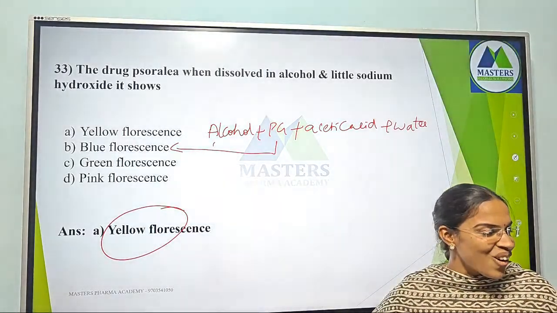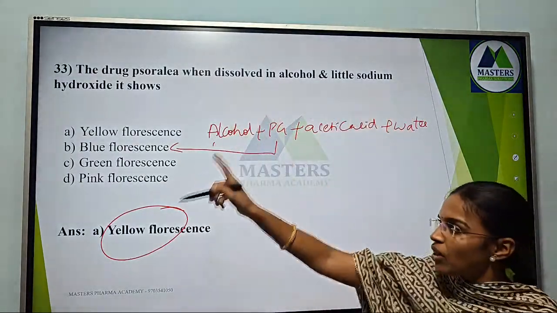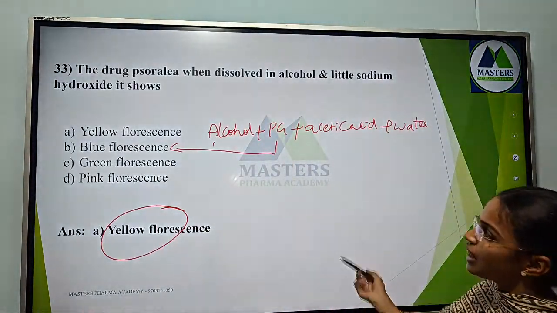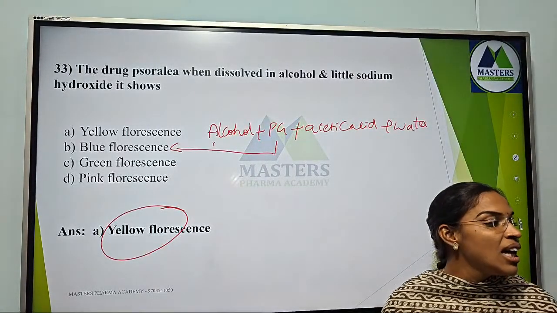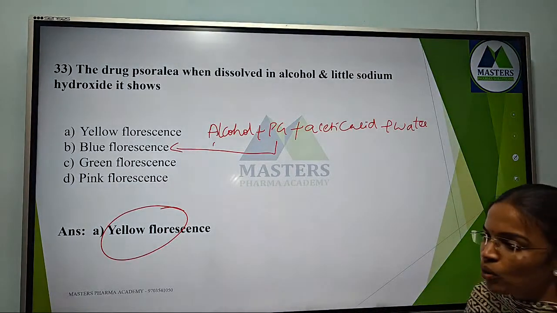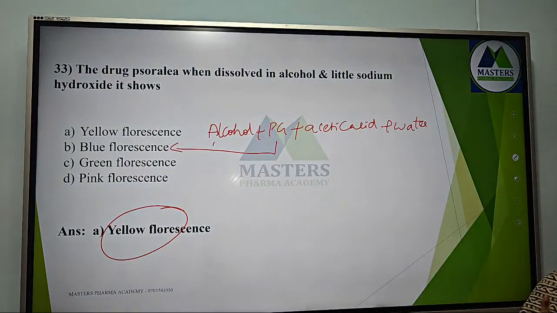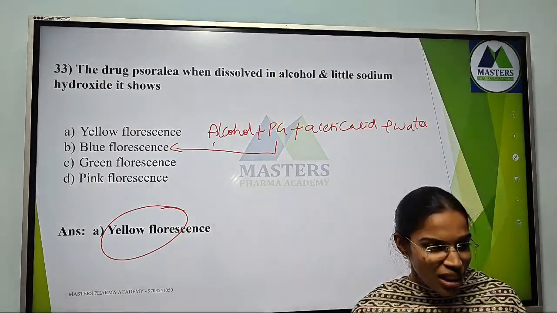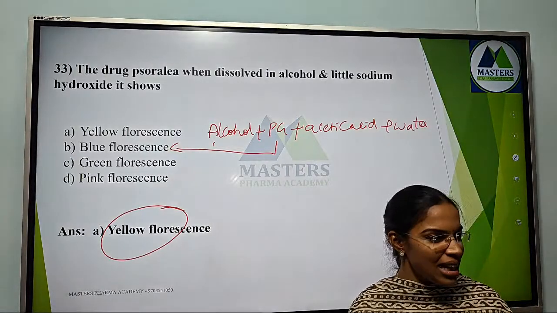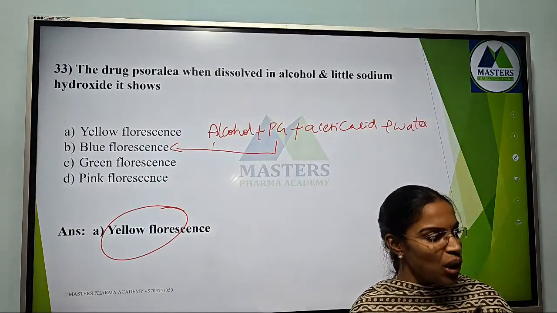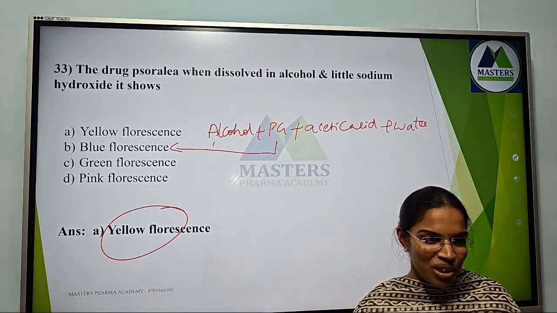There are some other tests also. When it is dissolved in alcohol and sodium hydroxide, it gives yellow fluorescence. When it is dissolved in alcohol along with propylene glycol and acetic acid, it gives blue fluorescence. So try to differentiate when such questions occur. These types of questions do occur frequently in GPAT and these competitive examinations. You need to be thorough with those chemical tests and their colors, especially colors and fluorescence.